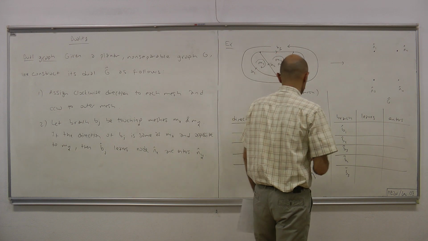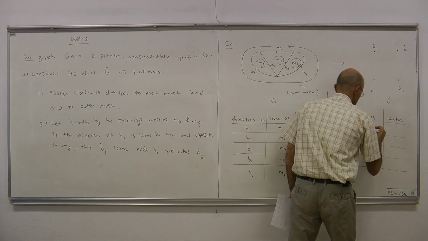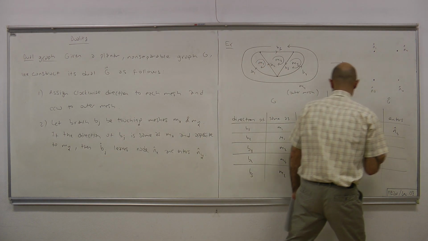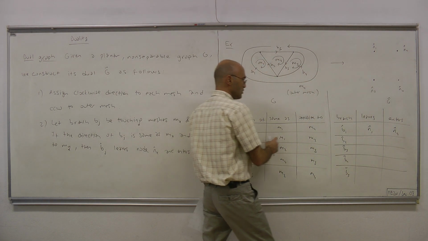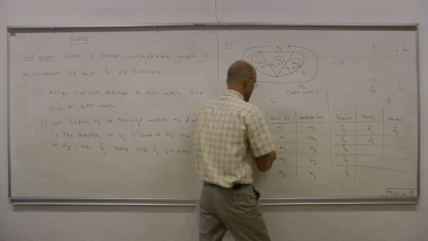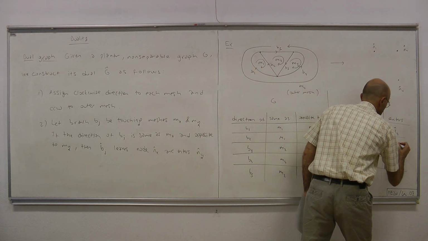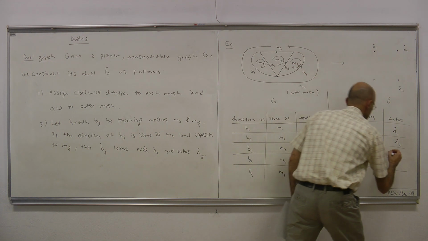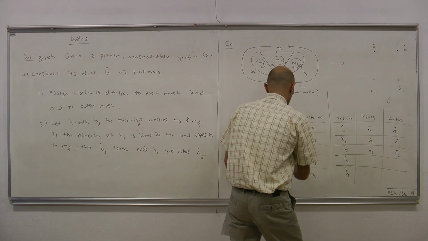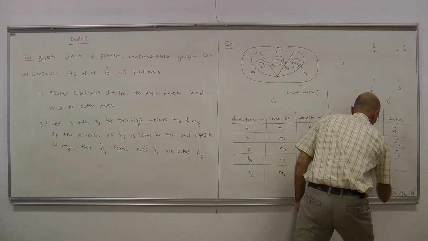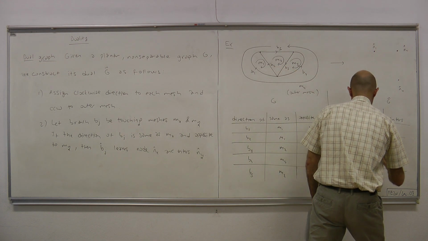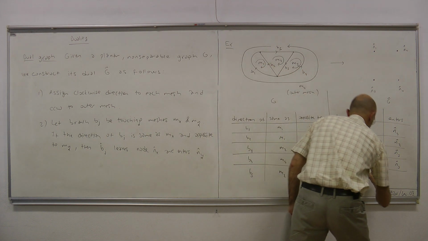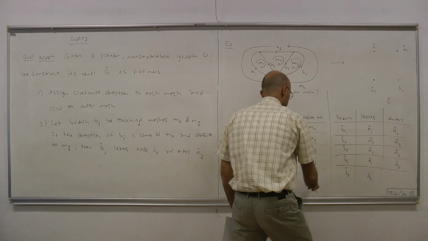So according to that construction, B1 hat leaves node N1 hat and enters node N4 hat. B2 hat leaves node N1 hat and enters node N2 hat. Okay, and so on. N2 hat, N3 hat, N4 hat, and N3 hat. And for the last branch, N2 hat, N4 hat.